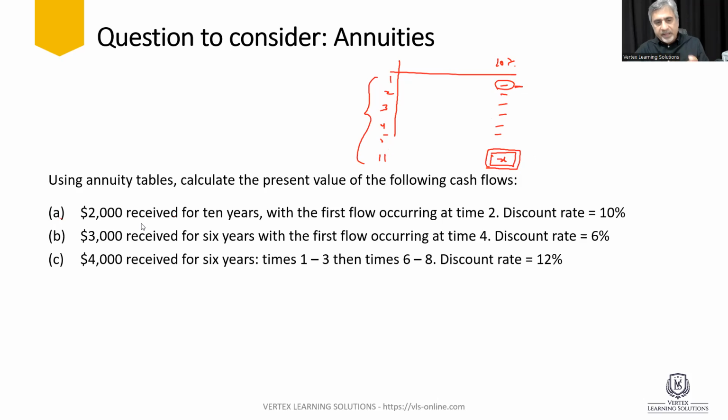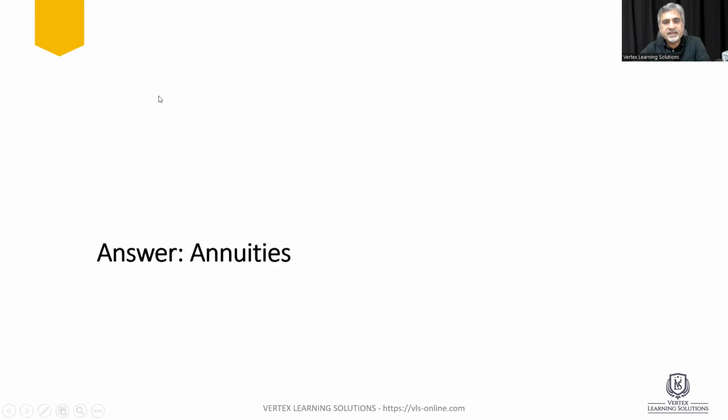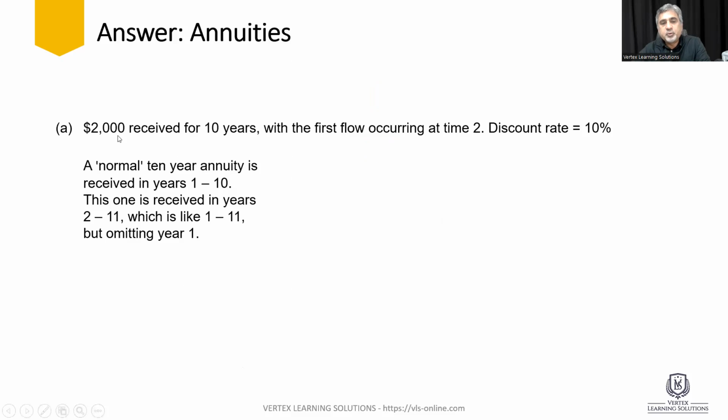Scenario number A, 2,000 is the money which you are going to receive, starting from year 2, ending in year 11. Let me show you how this calculation will look. So 2,000 received for 10 years with the first flow occurring at time 2, discount rate is 10%.